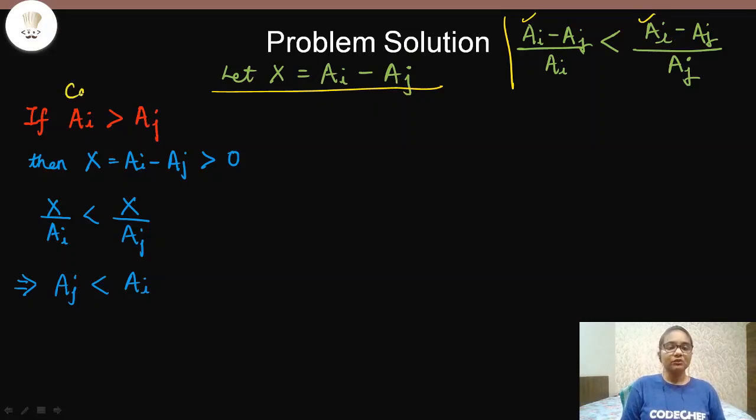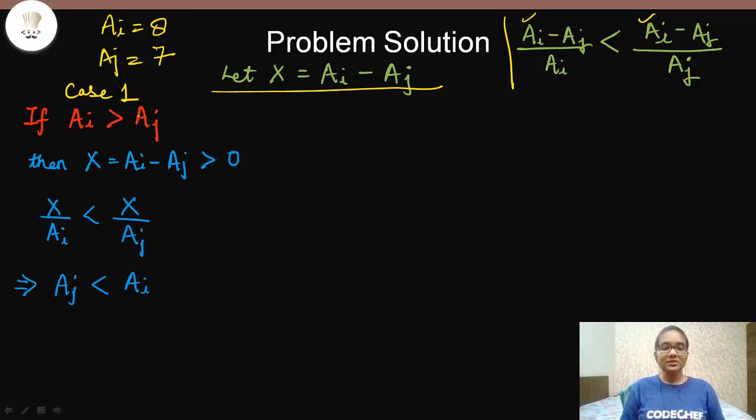Now let us go to our case 1. The first case will be when AI is greater than AJ. Suppose you select two elements from the array, say 8 and 7. So AI will be equal to 8 and AJ will be equal to 7. This is how AI will be greater than AJ.